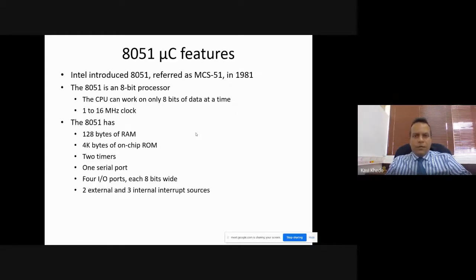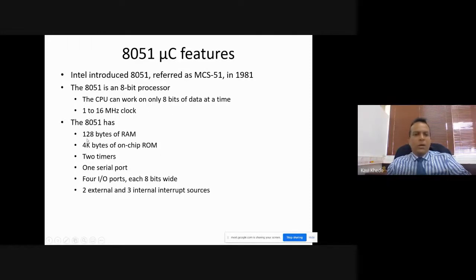And we are particularly interested in the 8051 from Intel. So Intel introduced it quite early, in 1981. It's an old processor, but it's only now in recent years that it has got so much popularity. So the CPU can work with only 8 bits of data at a time. It has a clock of 1 to 16 megahertz.